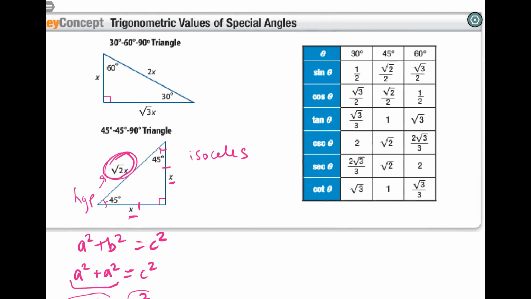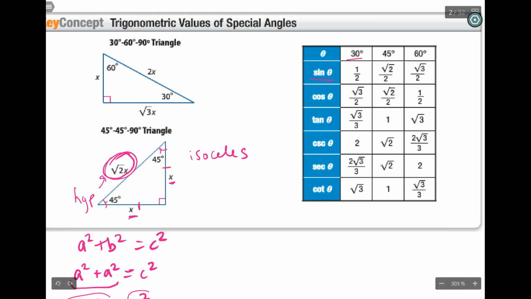So here's the table of values for special triangles. So if you're taking sine of a 30-degree angle, sine of 30 degrees is going to be 1/2. Tangent of 30 degrees is going to be square root of 3 over 3. Okay, cool. These are very useful. I'm hoping you'll learn them by using them, not necessarily memorization.